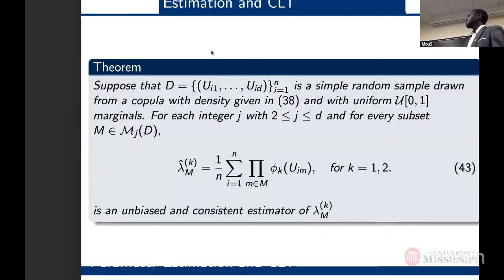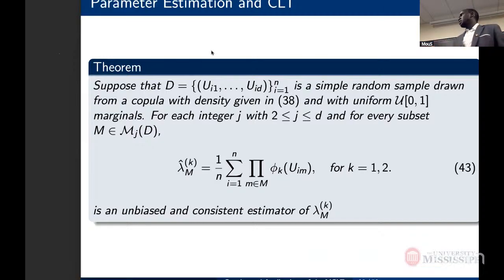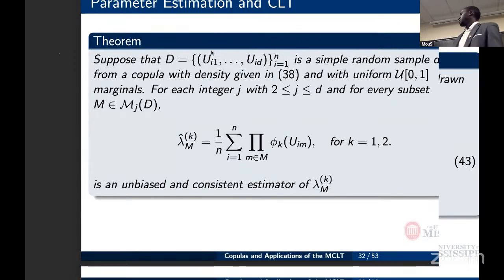So for each integer j, with 2 less than or equal to j less than or equal to d, and for every subset m in the set of all subsets of B of cardinality j, this is what this M_j,d means. We select all subsets of B of cardinality j for any fixed j. And the estimator given in equation 43 is the estimate of the parameters lambda k,m. And we established that they are unbiased and consistent with no condition because we are in an IID case. So we don't need to put more conditions on that.